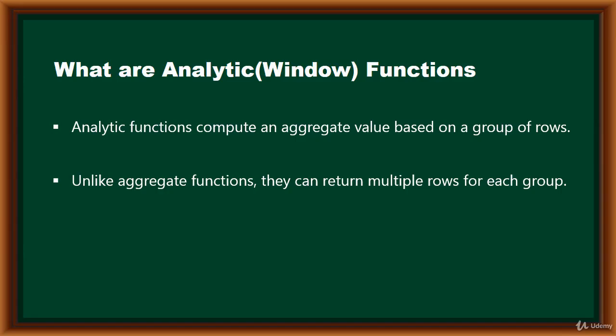So just to summarize, a window or analytic function will compute an aggregate value based on a group of rows and can return multiple rows, in comparison to aggregate functions that will compute but return only a single value.